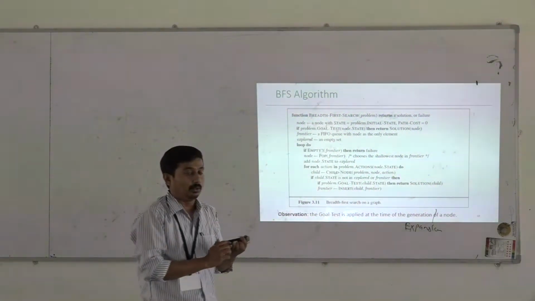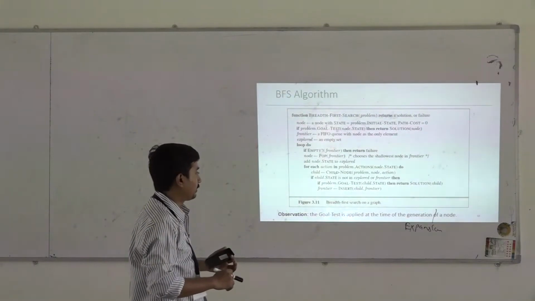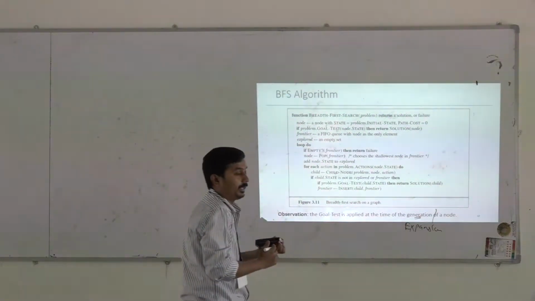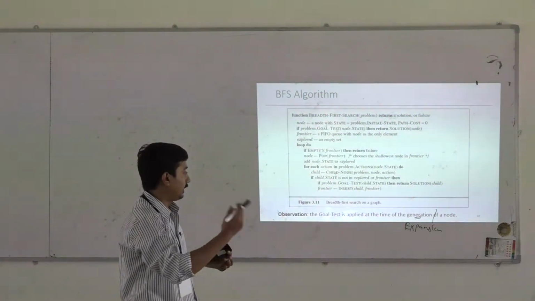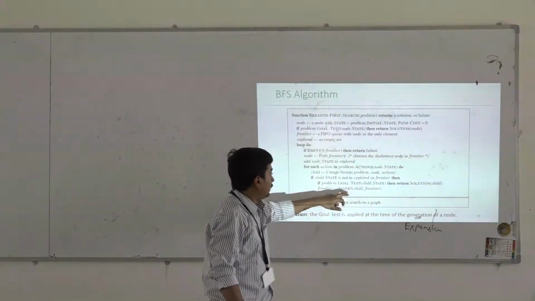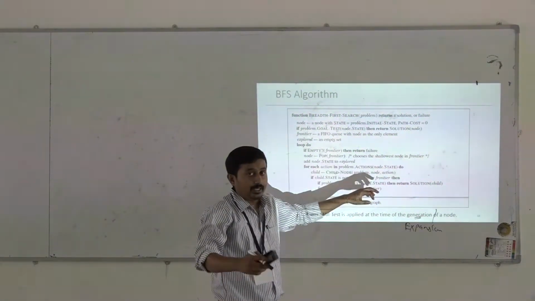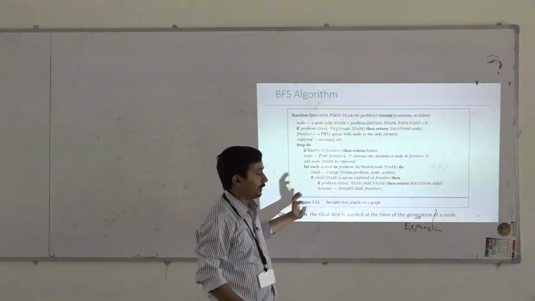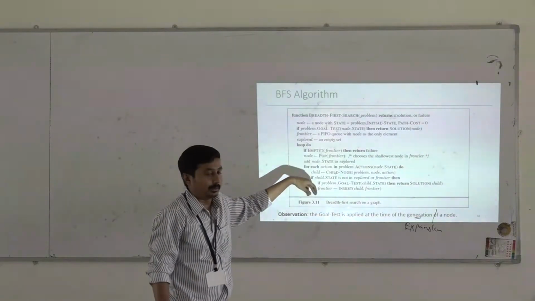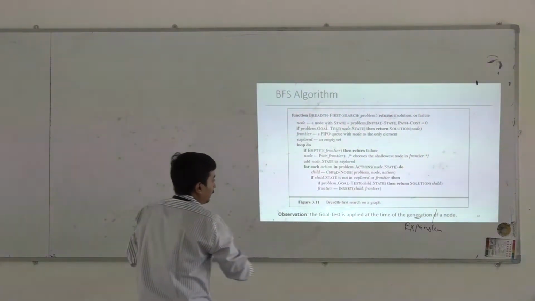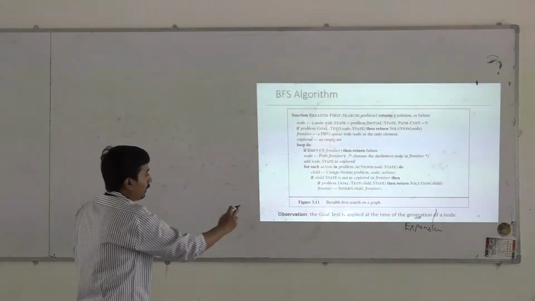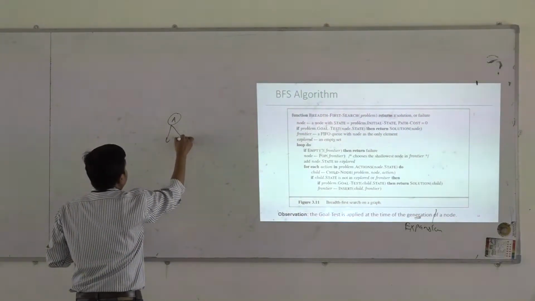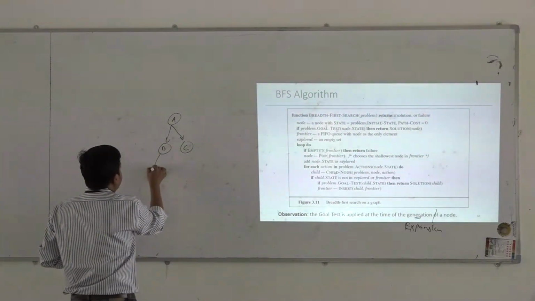Here we are applying the goal test at the time of generation, not at the time of expansion. If the generated child is not a goal, then we insert it into the frontier, and we repeat. I will explain why it is efficient to check at the time of generation. So consider this search tree.